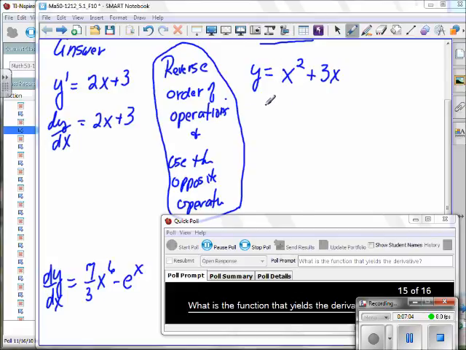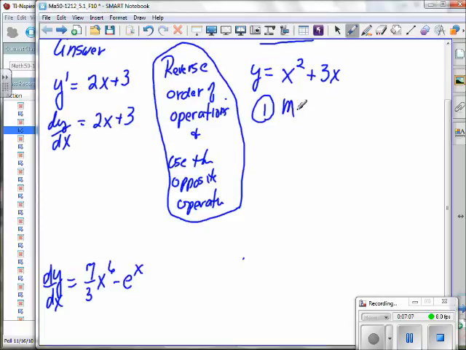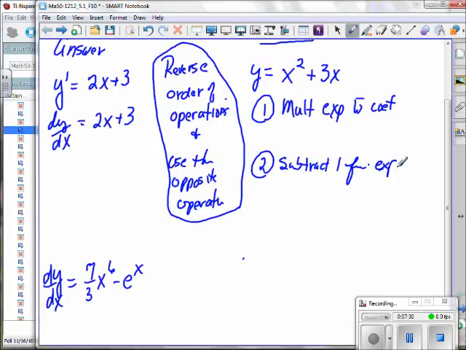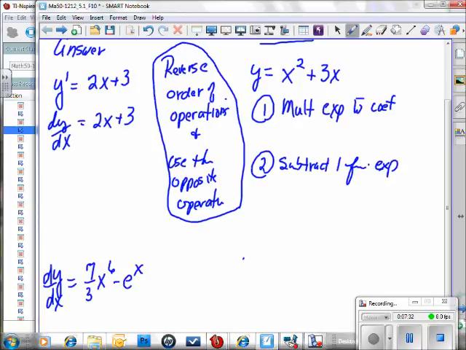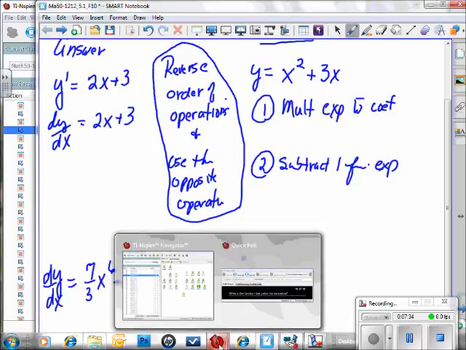Okay, so the process, the first thing is to multiply the exponent with the coefficient. Okay, what's the second thing you do? Okay, so subtract 1 from the exponent. Okay, let's see, do we have everyone now?